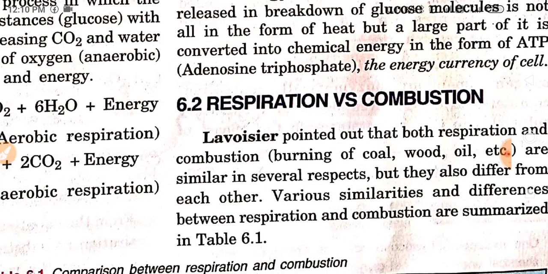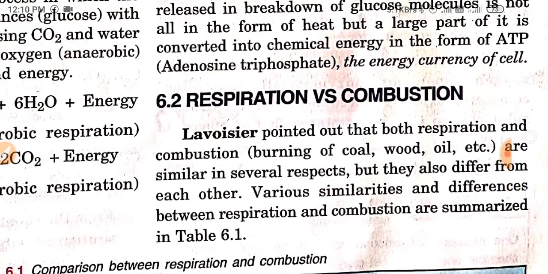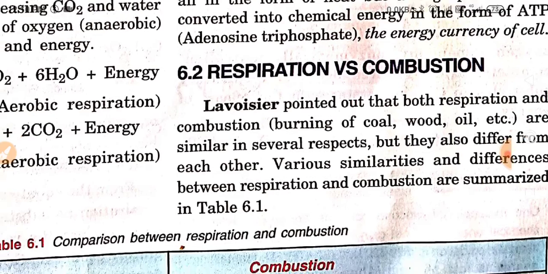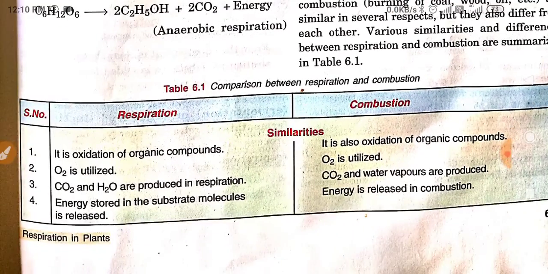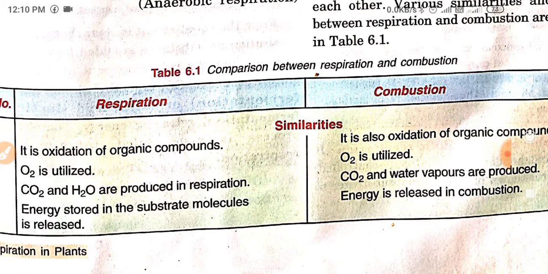Now we'll understand the difference between respiration and combustion. Lavoisier pointed out that both respiration and combustion, that is the burning of coal, wood, oil, etc., are similar in several respects, but they also differ from each other. Various similarities and differences between respiration and combustion are summarized in table 6.1. First we read about their similarities.